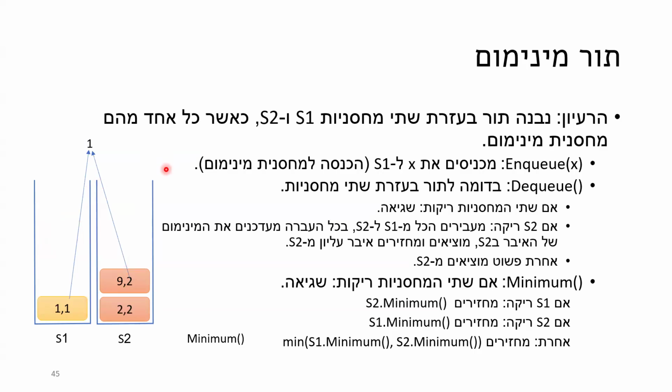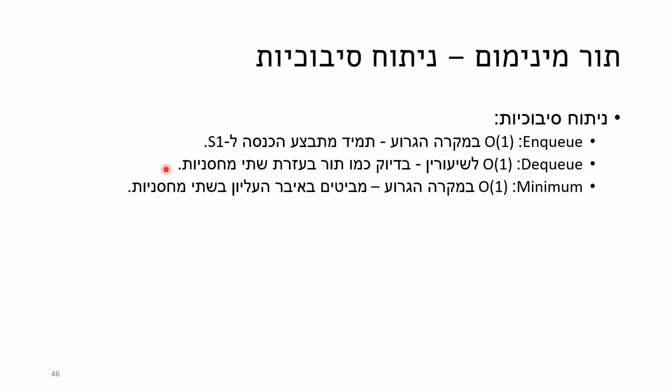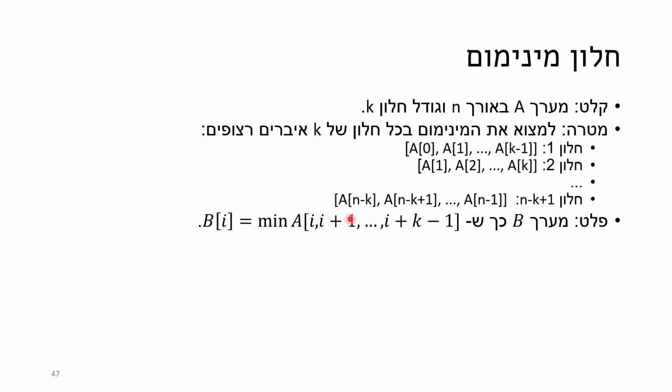But I'm not going to do the analysis again here, we can analyze it the same way as we did with a queue with two stacks, because it's the same exact thing as before. And minimum is O of 1 because we just look at the top of the two stacks. Therefore, it's O of 1 in worst case.